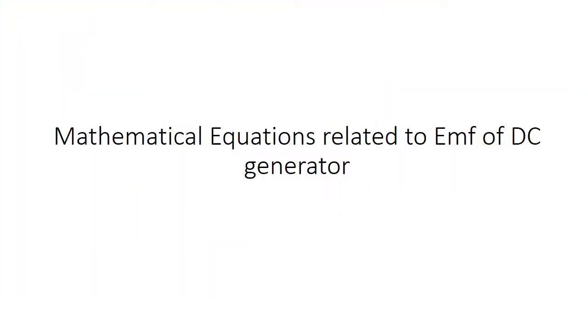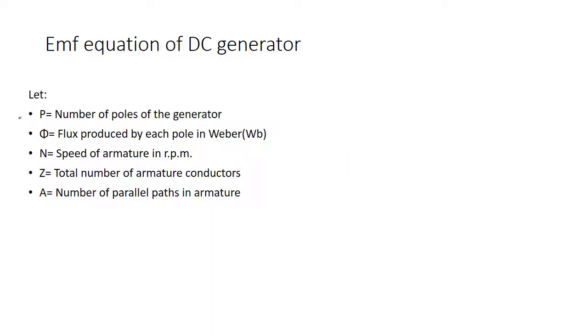And yeah, so now we're talking about the mathematical equations related to the EMF of a DC generator. Let P equal the number of poles of the generator. Phi is the flux produced by each pole in Weber. N is the speed of the armature in revolutions per minute.